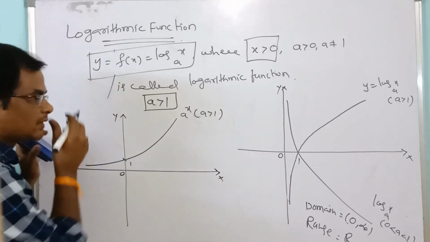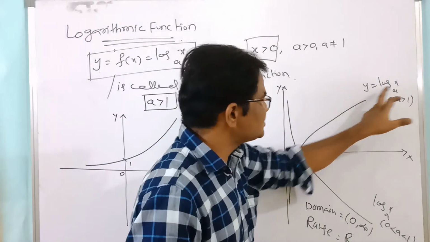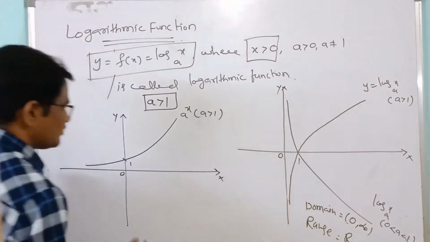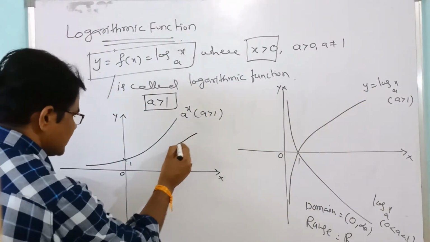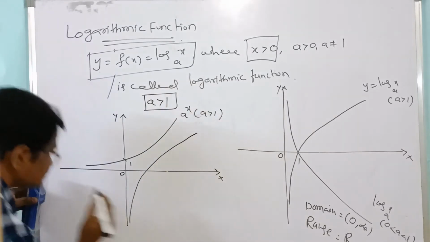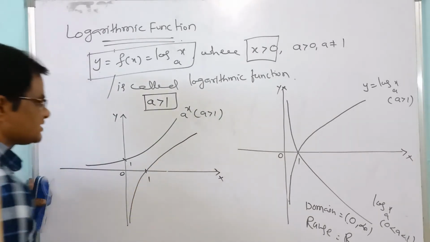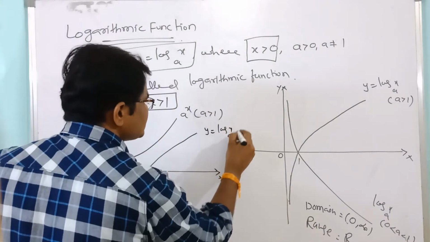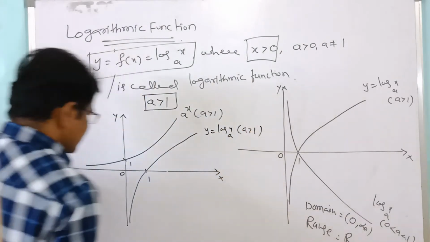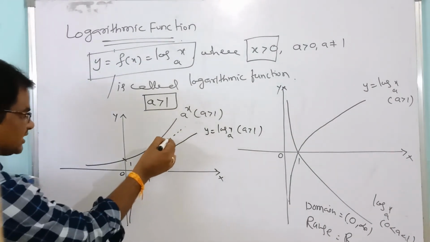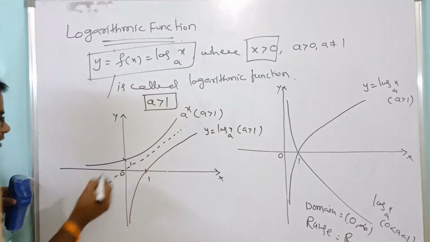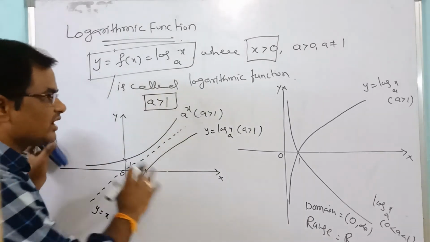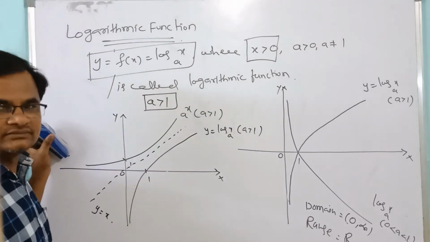Now for a greater than 1, this is y equal to log x to the base a, like this. It intersects the x axis. These two are symmetric about the line y equal to x. So these two are inverse to each other, right?